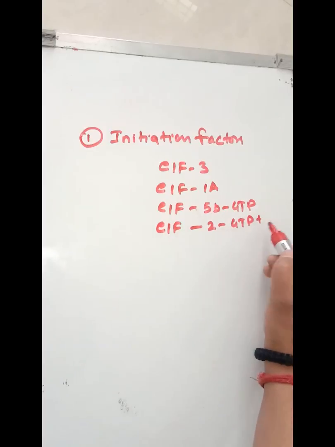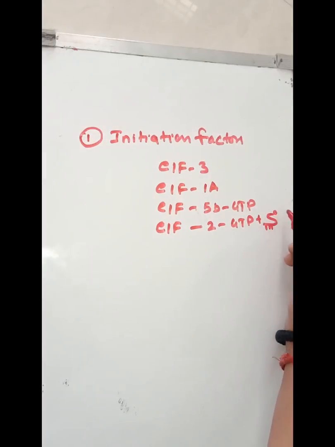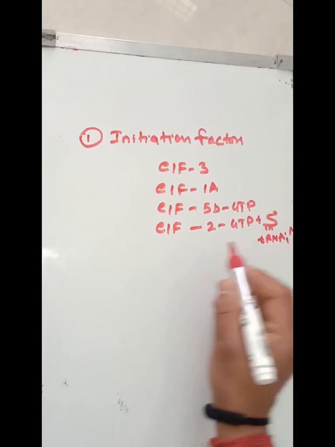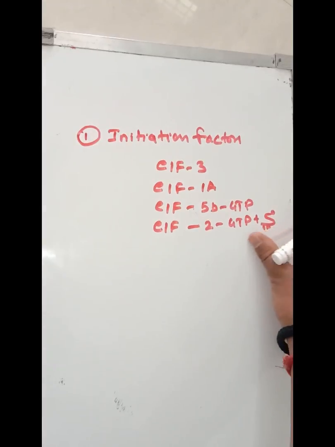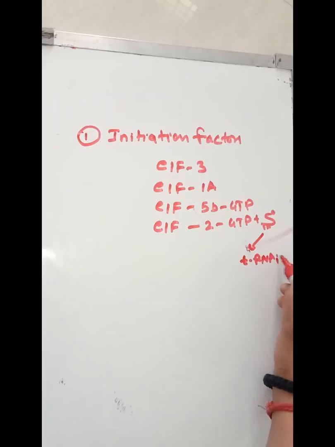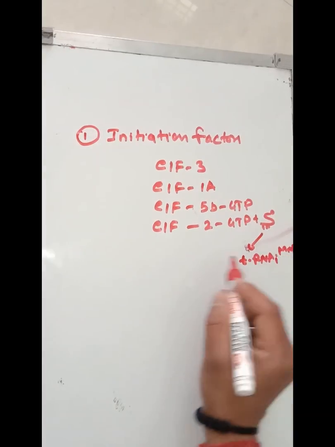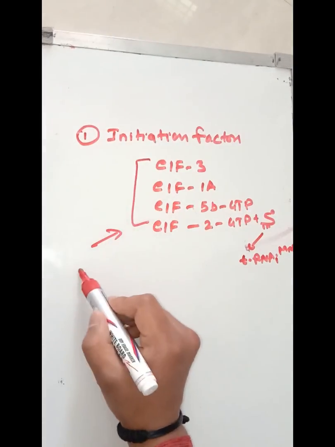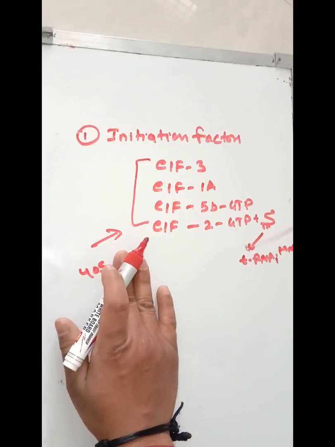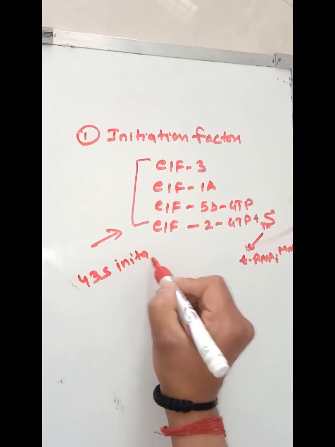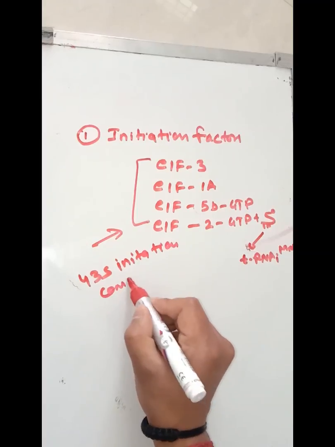Then it brings the charged tRNA, meaning methionine labeled tRNA. Sorry, I will write it again. It is tRNA methionine labeled. So it will join to form the 43S initiation complex.